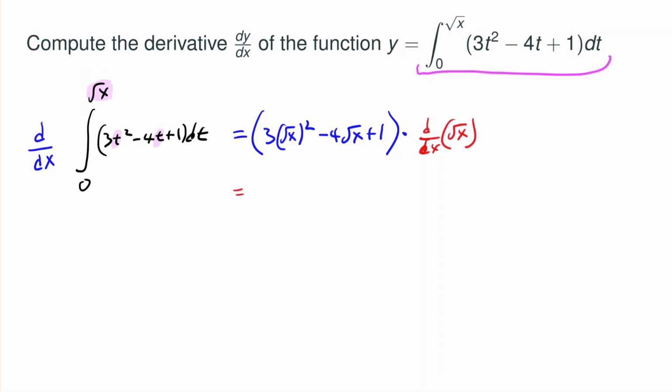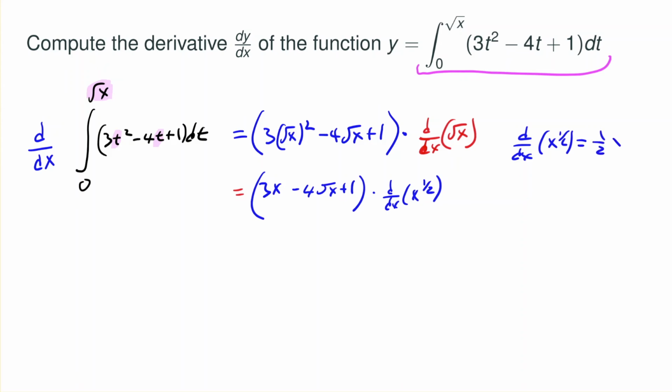So let's rewrite this. Well, we know this is 3x because the square root of x and square means x. 4 square root of x plus 1 times square root of x. Let's write it as x to the half power to find the derivative. Maybe we can find it on the side here.